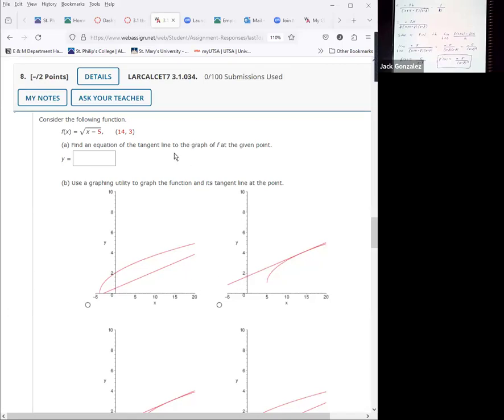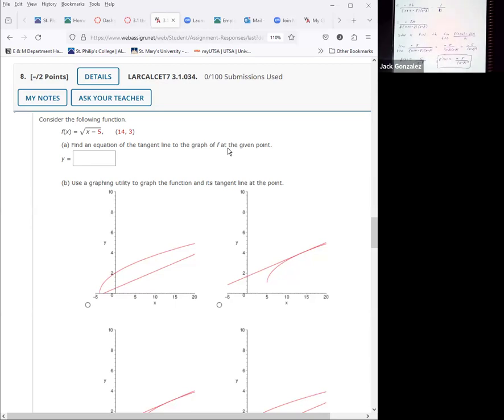Find an equation of the tangent line to the graph of f at the given point. All right. So basically, we're going to redo what we just did.